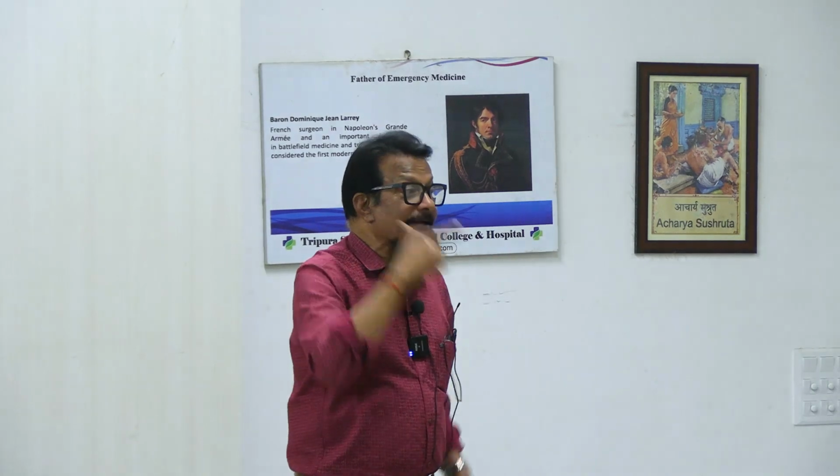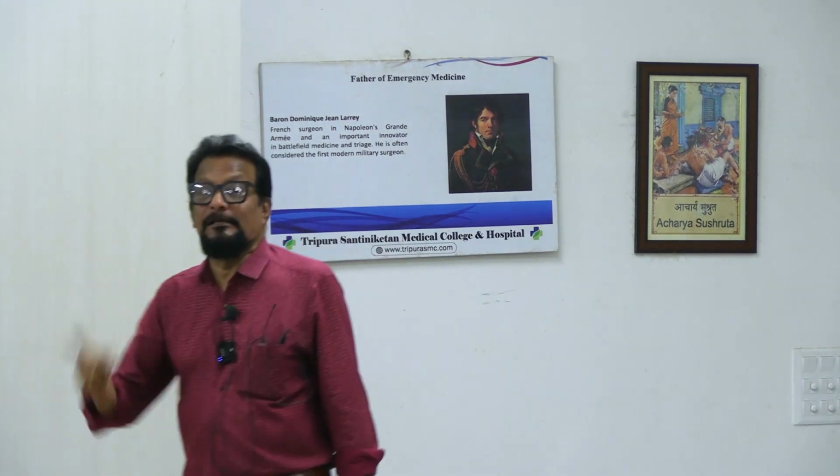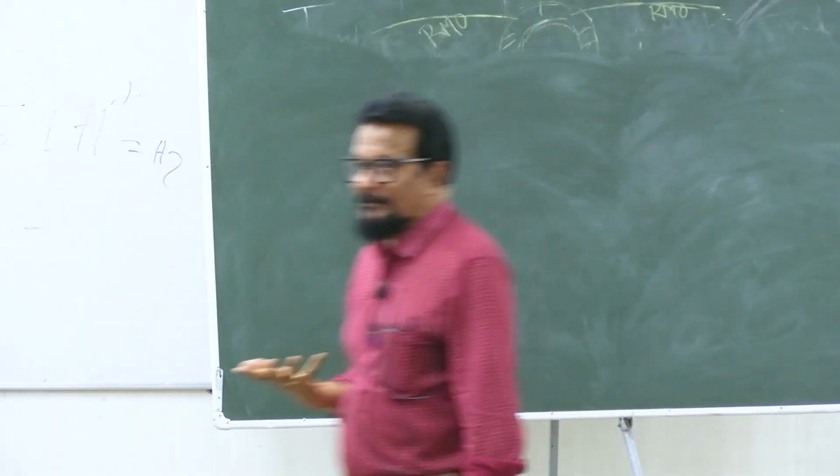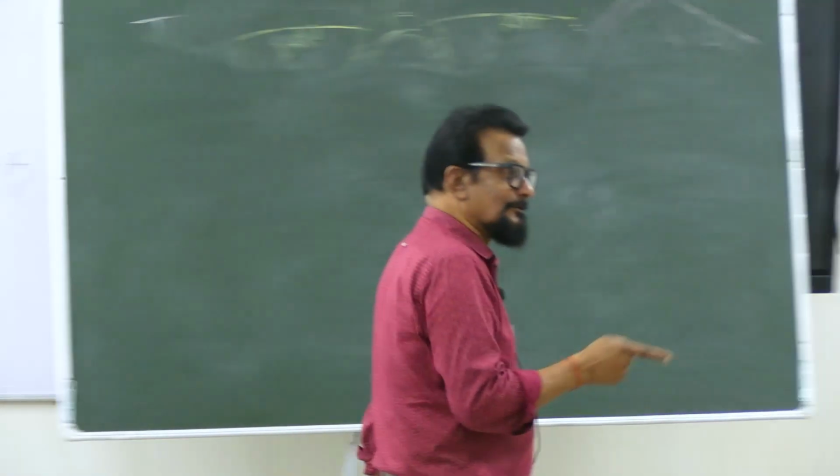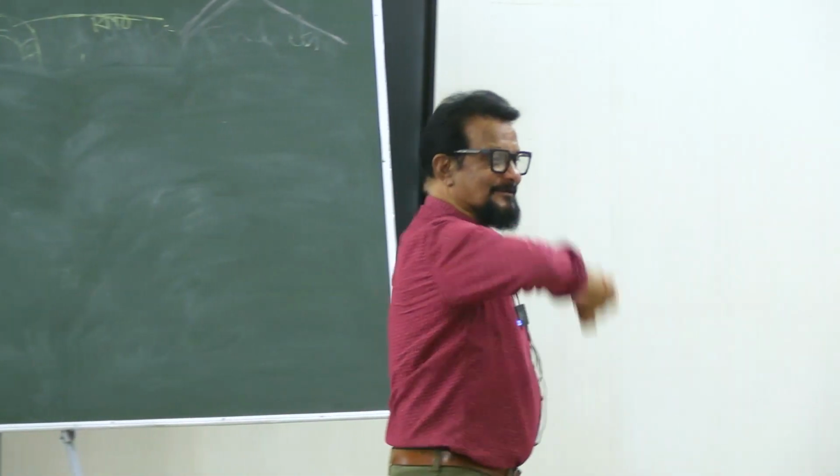It will be very difficult to maintain the pH. So I need all the bicarbonate ions to be reabsorbed. All these systems are involved in this reabsorption of bicarbonate ion. And another purpose is to secrete hydrogen ions.